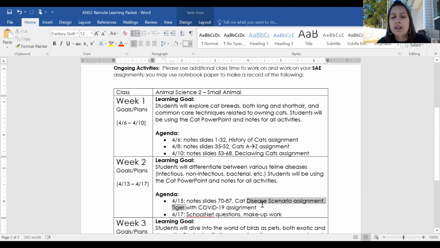And then I'm going to post an article about the tiger at the Bronx Zoo that has COVID-19. It's got some questions to go through, something to think about, something real world related as we're going through cat diseases. Here is a cat with a current disease that's a big problem for us.